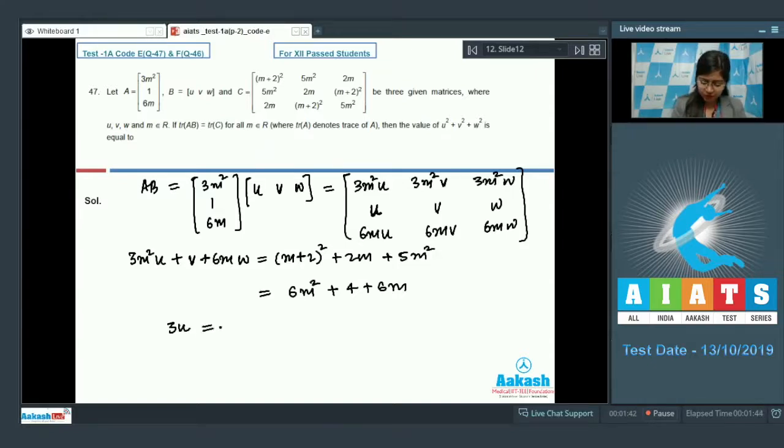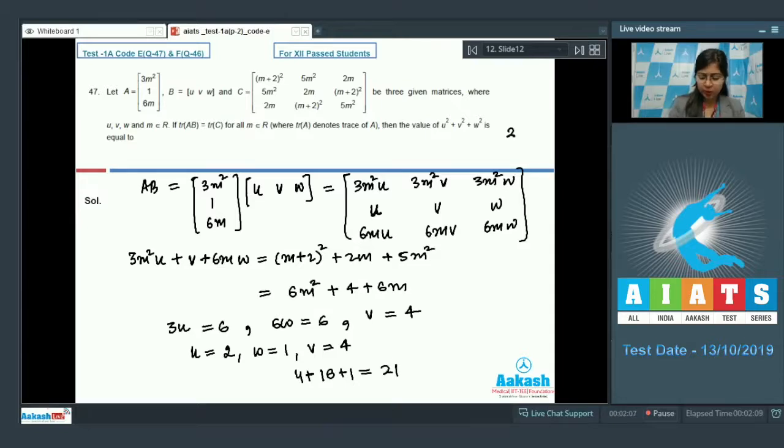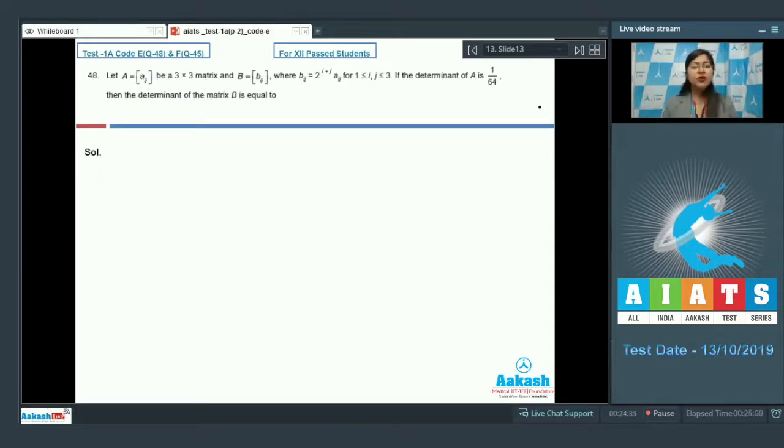So we have 3u equal to 6, 6w equal to 6, and v equal to 4. So we have u equal to 2, w equal to 1, and v equal to 4. So the value of u square plus v square plus w square will be 4 plus 16 plus 1, that is 21. Next is question number 48, which says: let A equal to Aij be a 3 cross 3 matrix and B equal to Bij, where Bij is equal to 2 raised to the power i plus j into Aij.